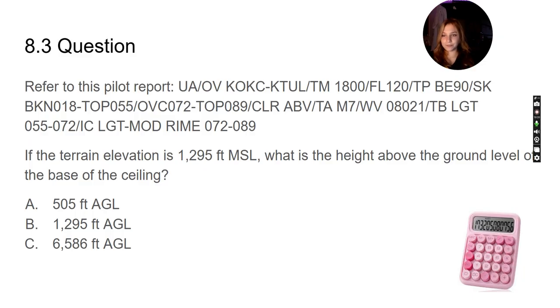All right, question. Refer to this report. Also, you're gonna need a calculator for this question. I hate reading that out to you, gang, I'm not gonna lie. But if the terrain elevation is 1,295 feet MSL, what is the height above ground level of the base of the ceiling?